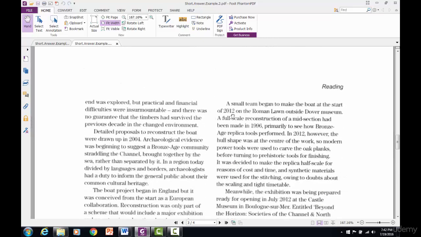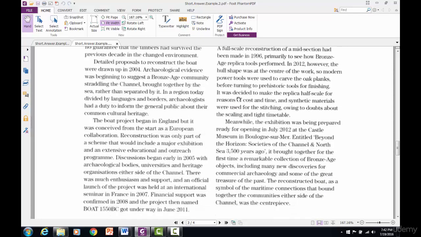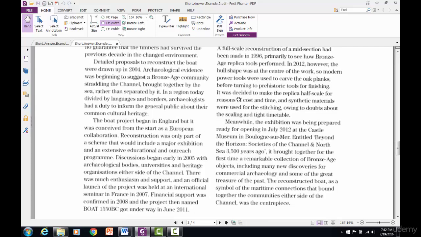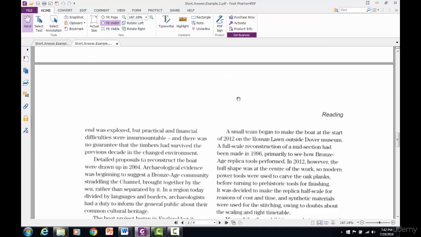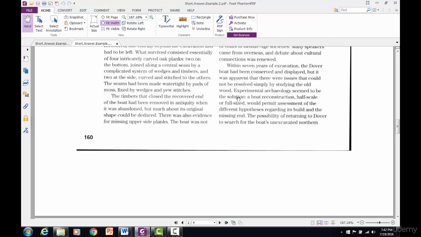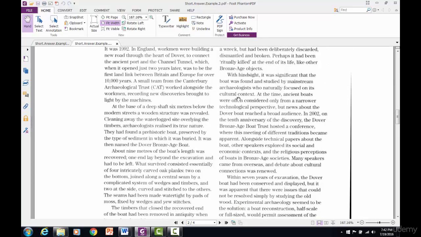So I know it has to come before this. And we're scanning. I scan faster going down from the beginning.